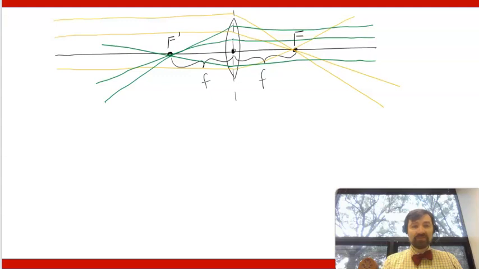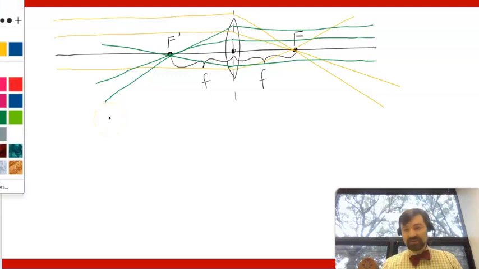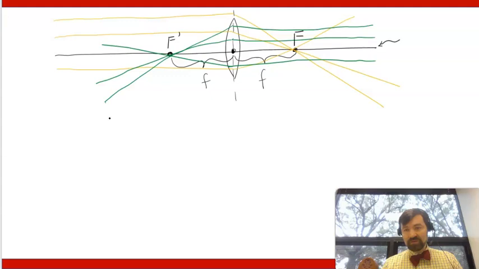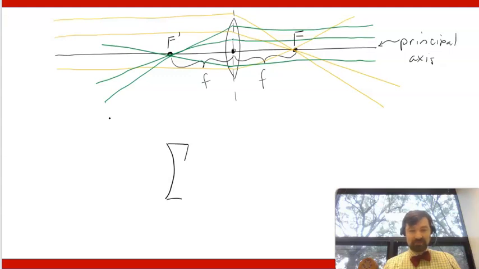There's, of course, another option, and I'm going to make note again that this is the principal axis for the lens. There is a second type of lens that you could use, which is a concave lens like this. This lens tends to defocus light.